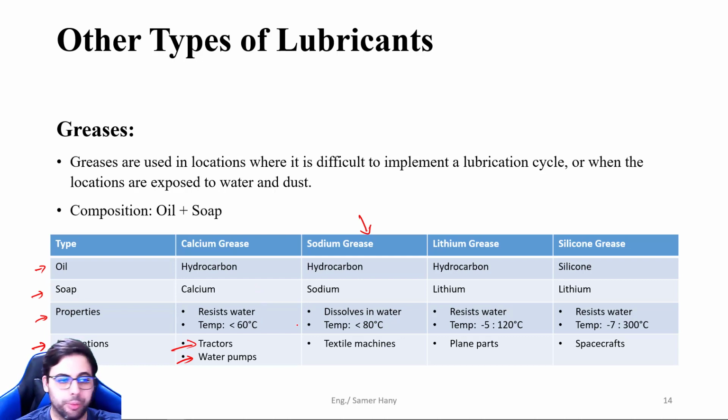We use this sodium grease in textile machinery because it is always exposed to water or water vapor for extra humidity, and it is also exposed to the textile that we're producing. So we don't want to stain that textile. If any of this grease got on any piece of textile, we can just wash it out without any problems.